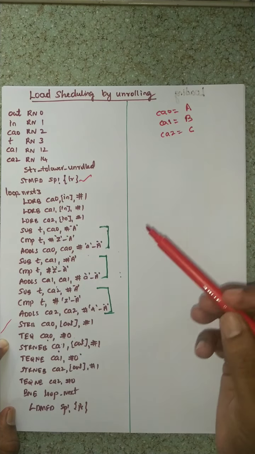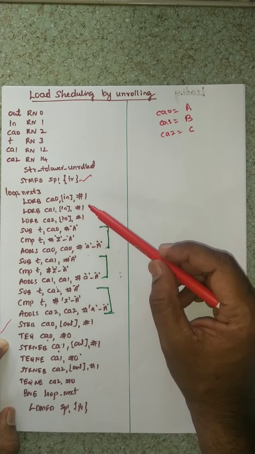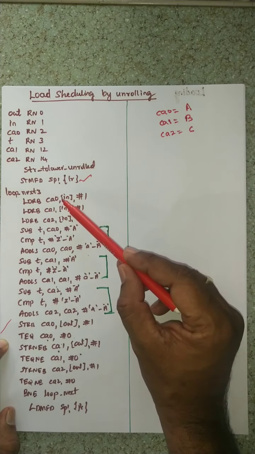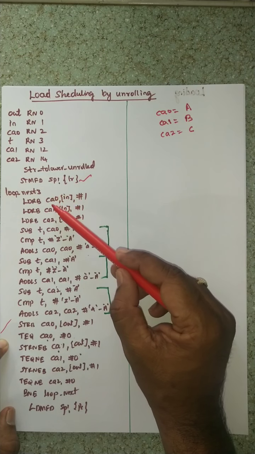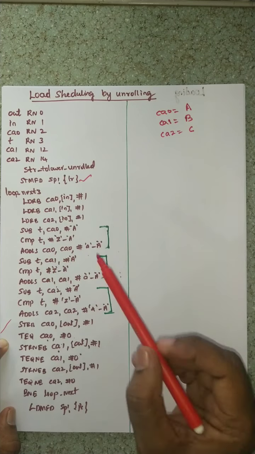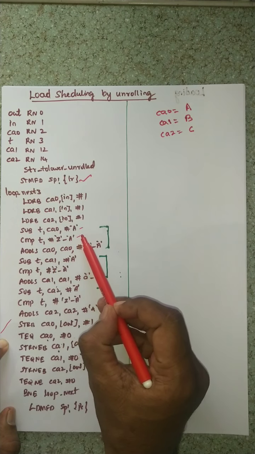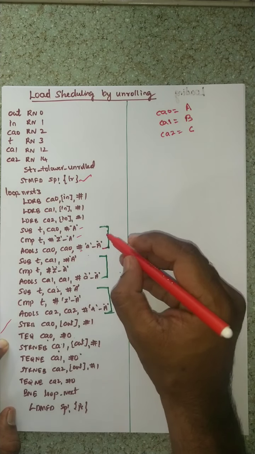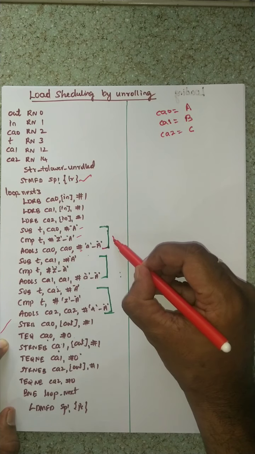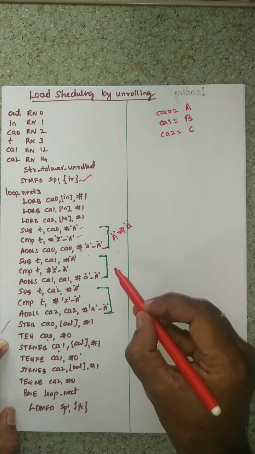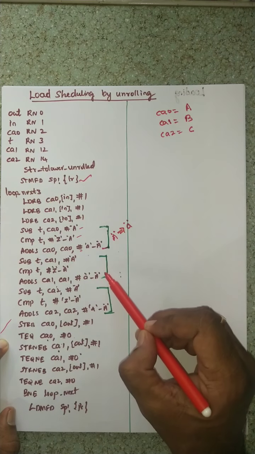So after execution of these instructions, three characters are loaded into the three registers ca0, ca1 and ca2. Then these three instructions convert the uppercase letter A to small a, and the same thing is repeated here.